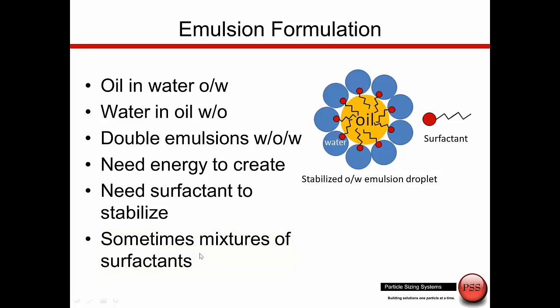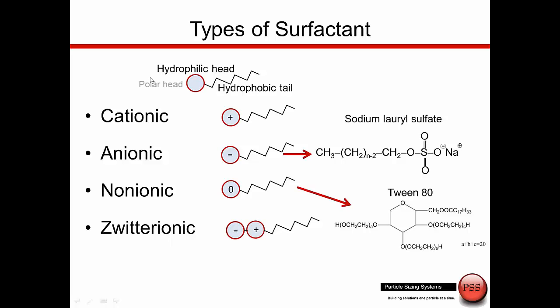So let's now look at the properties of these surfactants. And surfactants have two components, the hydrophilic head, which likes being in water, and the hydrophobic tail, which is usually an R-C chain, hydrocarbon chain, which is happier in oil. The properties of the hydrophilic head vary, and that's how we categorize different kinds of surfactants.